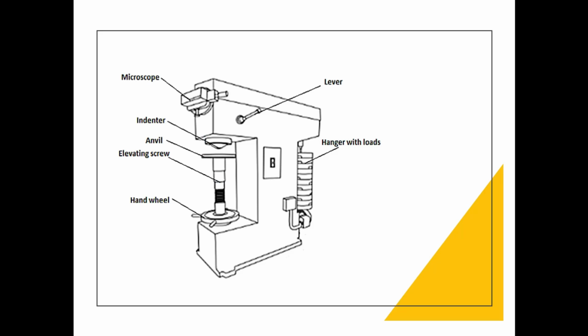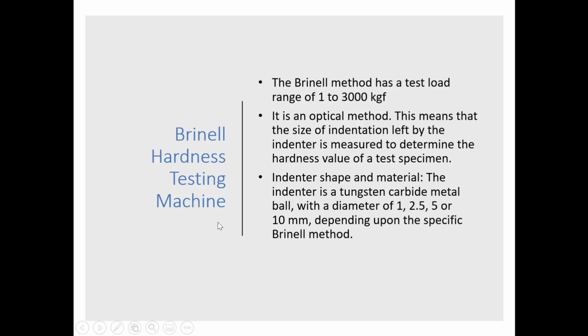So, first place the workpiece on this anvil and raise the anvil towards the indenter by using this hand wheel. Once the surface touches the indenter, then the minor load is applied by means of this hand wheel.